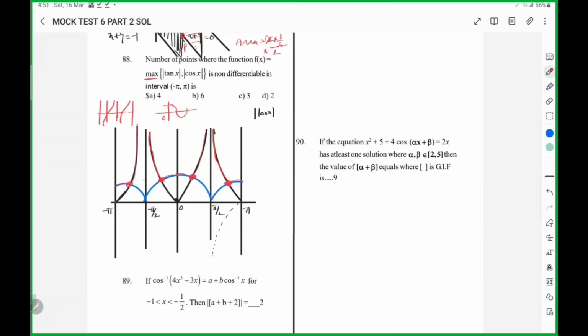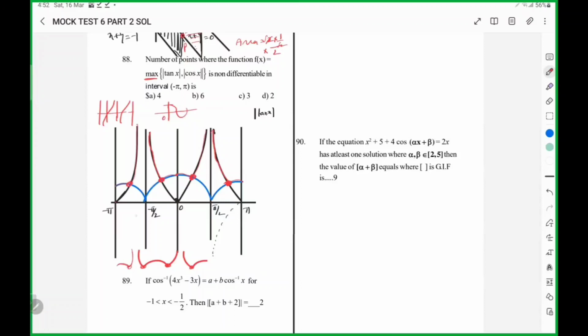So the final graph will be like this. So at this point, there are sharp edges where it is not differentiable.